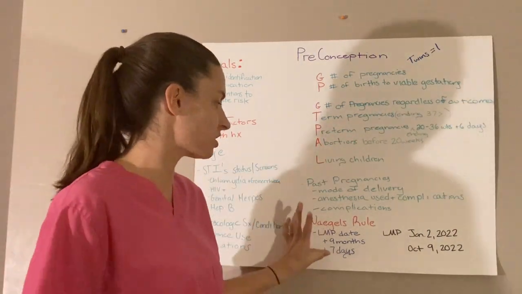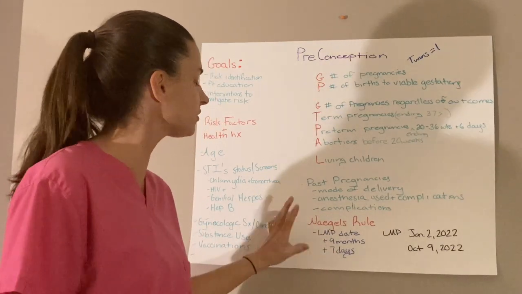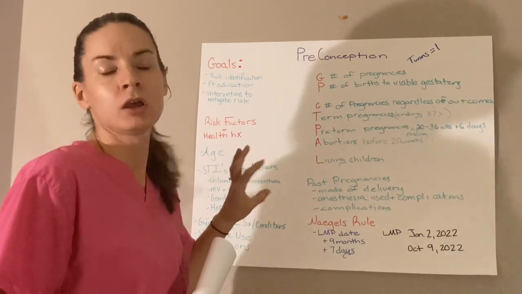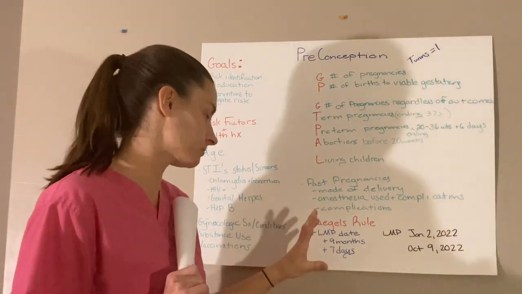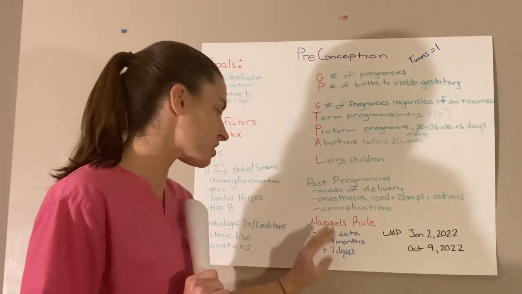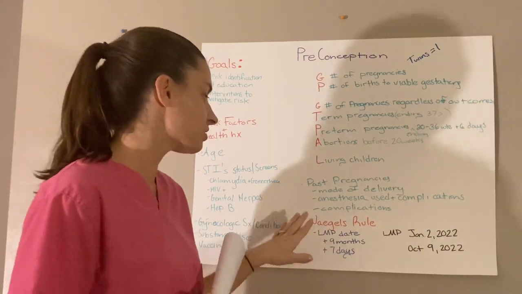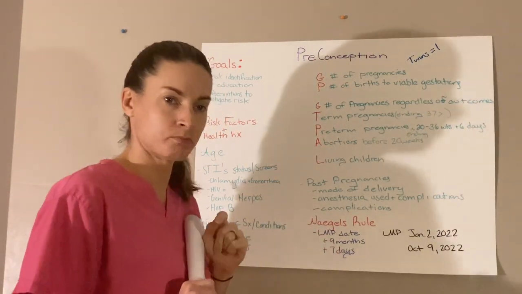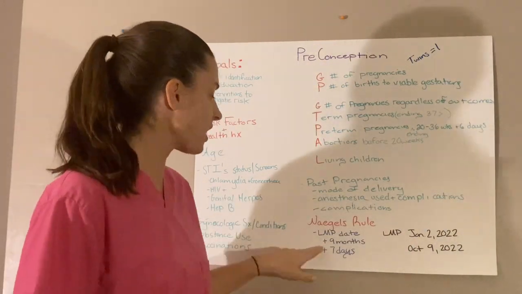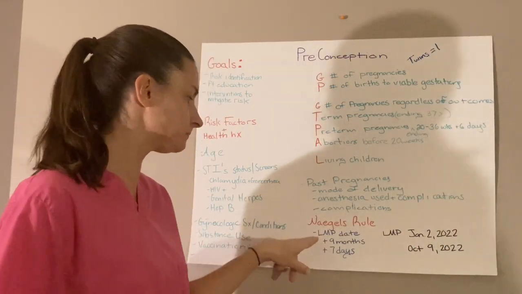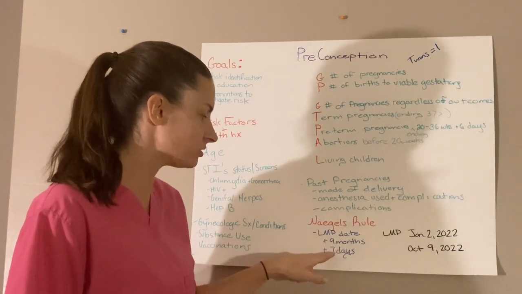And then I just threw in Nagel's rule. This will give us the patient's estimated date of delivery. So you would ask the patient, when was the first day of your last menstrual period? And if she says January 2nd, you would add 9 months to January, and then to the 2nd, you would add 7 days.